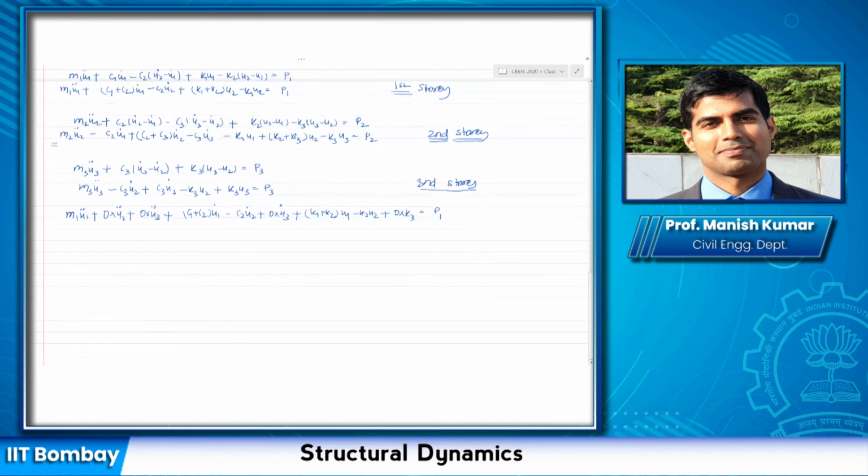The second equation I can again write as 0 times U1 double dot plus M2 times U2 double dot plus 0 times U3 double dot.